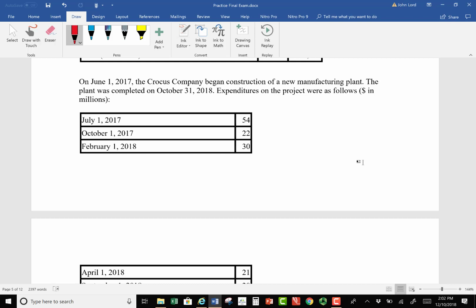Then we said if you have weighted average of accumulated expenditures that is in excess of the specific new borrowing, then you have to apply a second interest rate, and there'll be a second interest rate in the problem where I'll give you the average interest for all their other borrowings or something. You'll have to pick that up for the excess, okay?